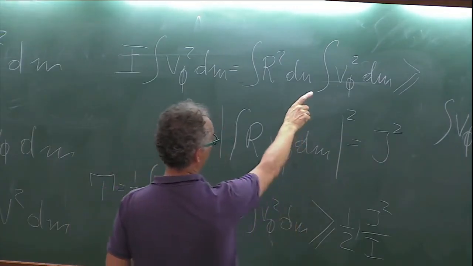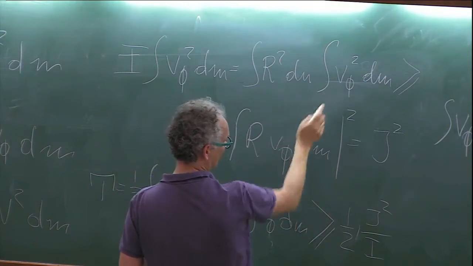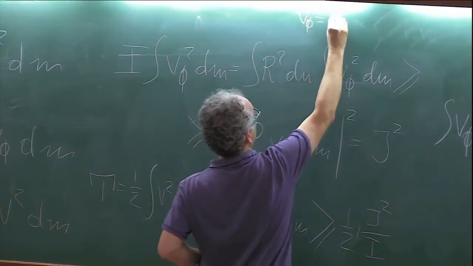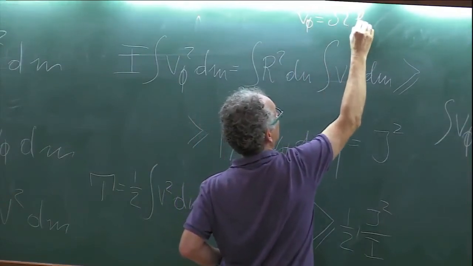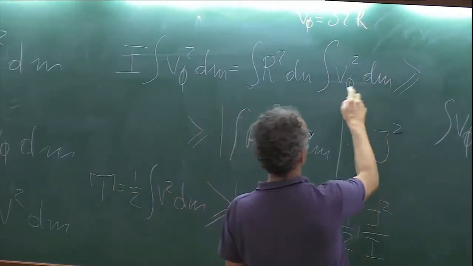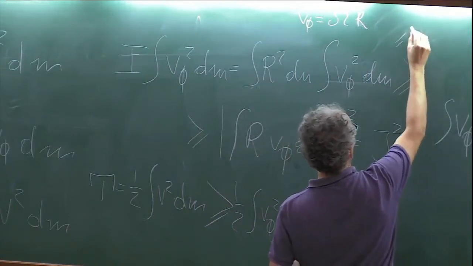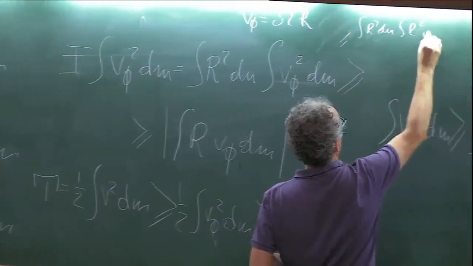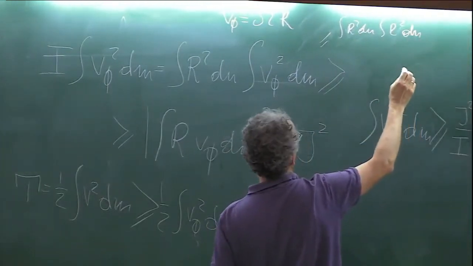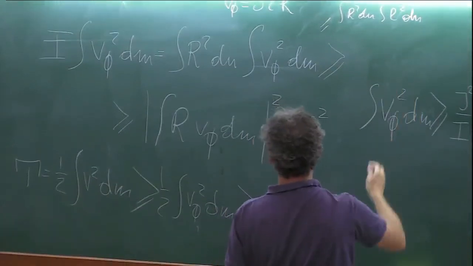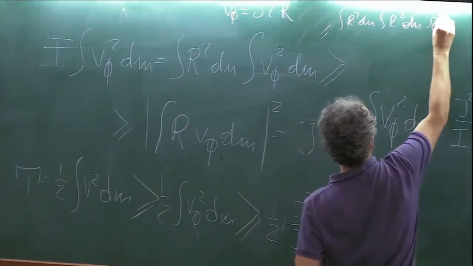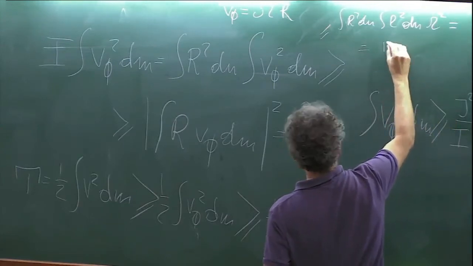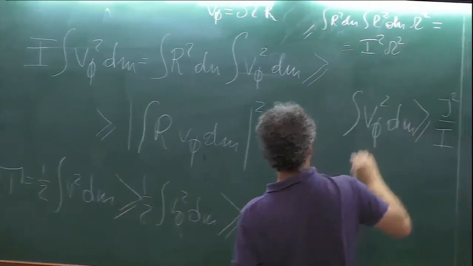We can write that v phi is equal to omega times r, then what we have here is the integral of r squared dm times omega squared. And this is equal to the moment of inertia I times omega squared, yeah?